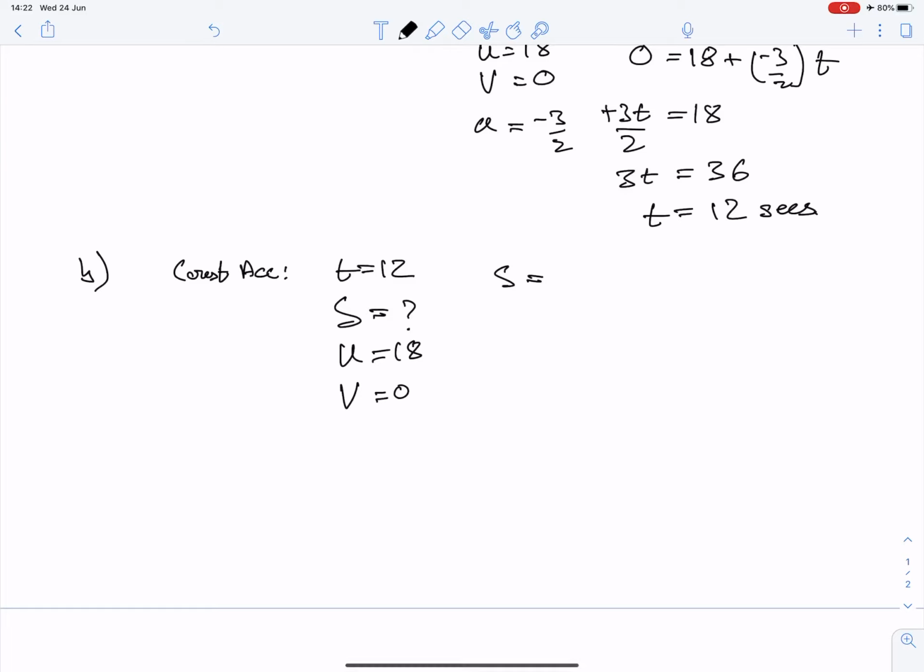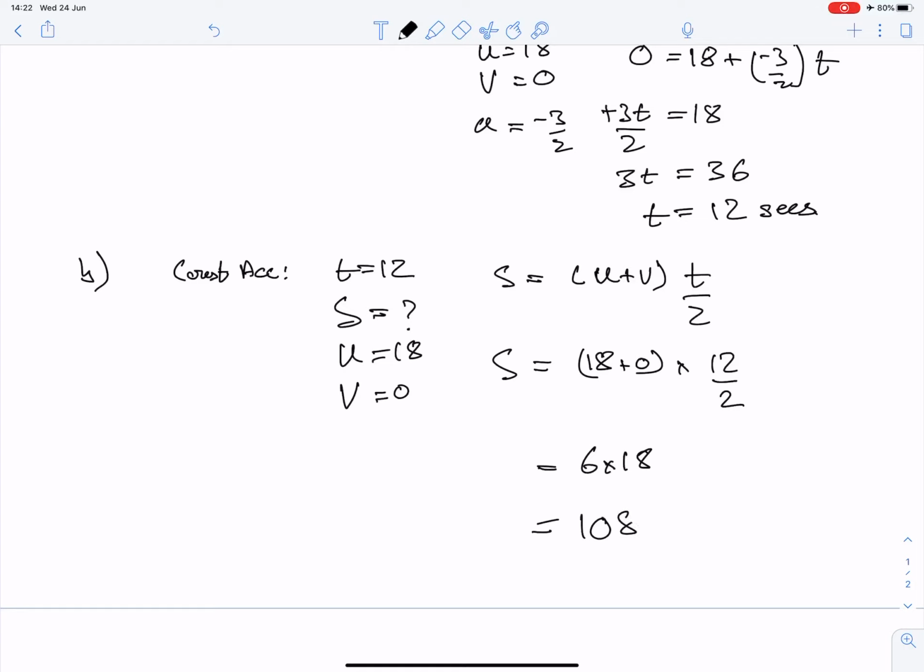So we've got s equals u plus v times t over 2. Substitute in the values: 18 plus 0 times 12 over 2. 6 times 18 is 60 plus 48 is 108 metres. There are other ways of doing that. You could have used v squared equals u squared plus 2as and you'd get to the same answer.